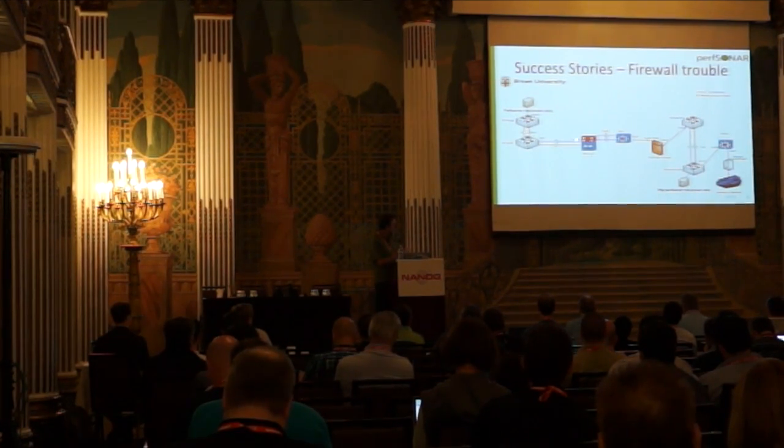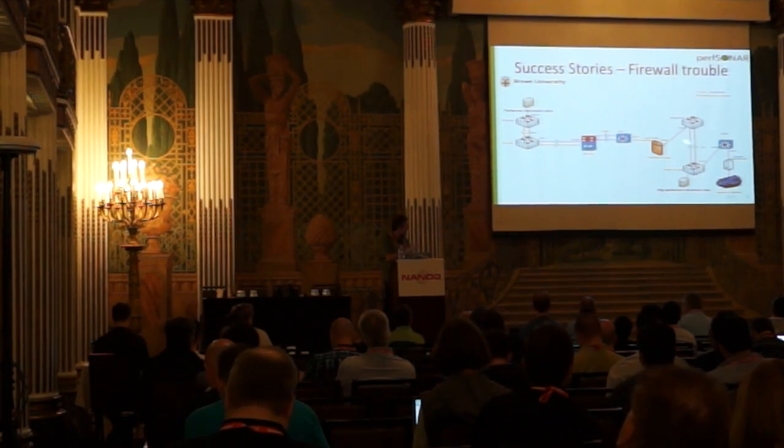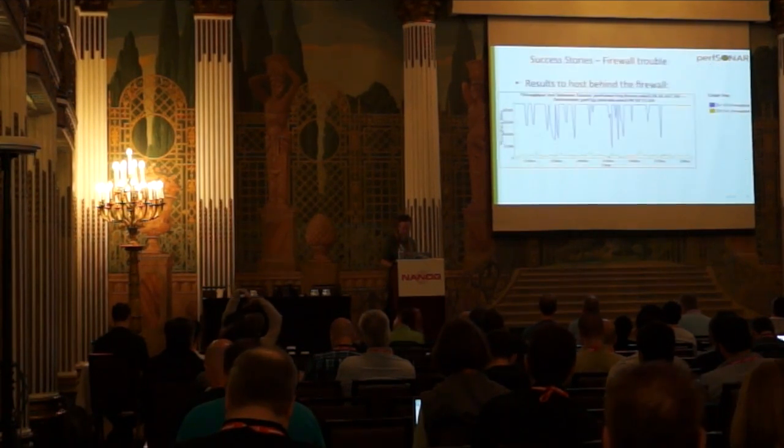It had a couple of switches on the way out to the gateway, and that's probably their site border router, and then there was a firewall, and then some more switches, and another test host. The basic idea is that you have to go through this firewall to get anywhere from the outside to the inside.